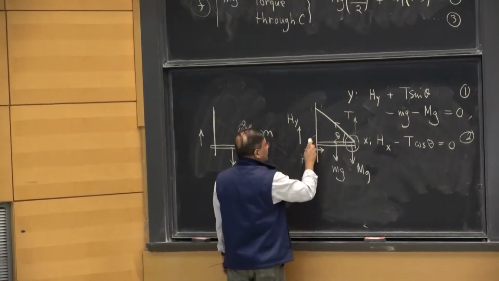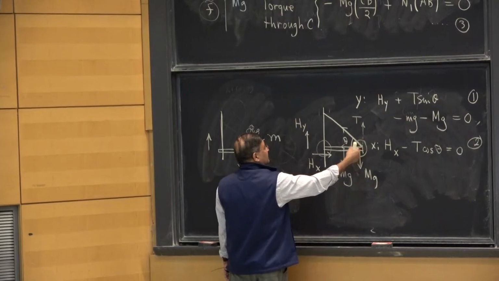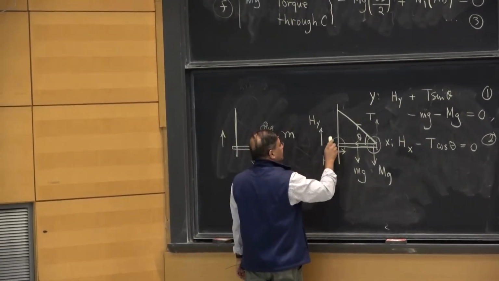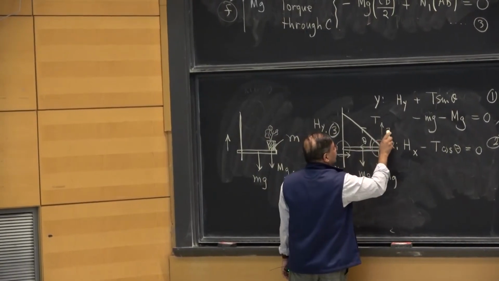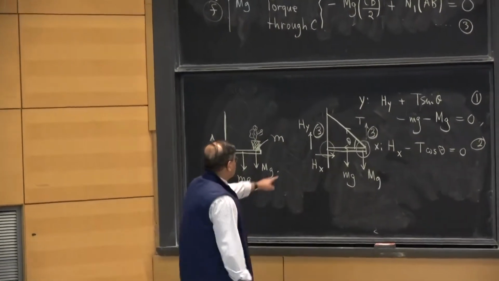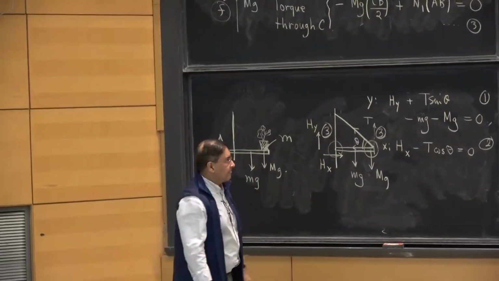And over here, there are two forces, this one and that one. Well, this one too, because if you translate that, it will go through this point here. So therefore, you have three forces that pass through this point and three forces that pass through that. So it's a toss-up. You can take either this point or that point about which you want to take torque.